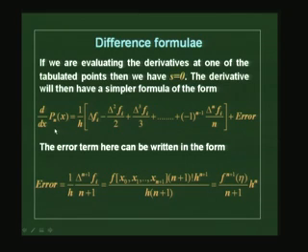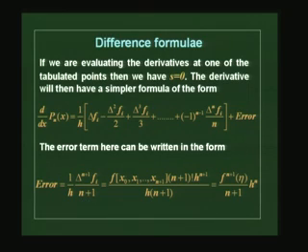Then I can write my derivative as 1 over h times delta fi minus del 2 fi by 2 plus del 3 fi by 3, etc., alternating plus and minus signs, up to minus 1 to the power n minus 1 del n fi by n. The error again is of the order of the next term, which would be delta to the power n plus 1 fi by n plus 1.